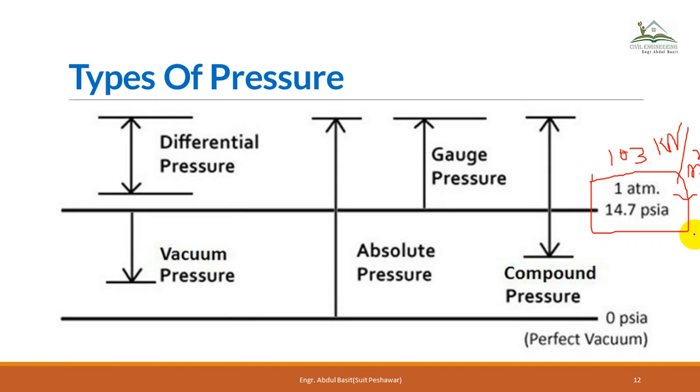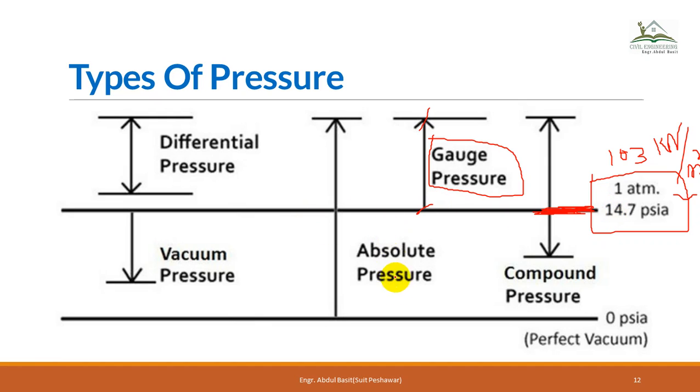This middle line is showing us the level of atmospheric pressure. Whenever we are measuring a pressure relative to this atmospheric pressure, it is called gauge pressure. For example, zero pressure is taken at atmospheric pressure.